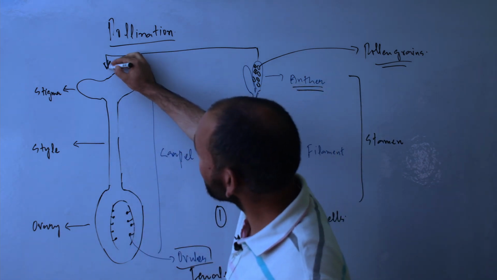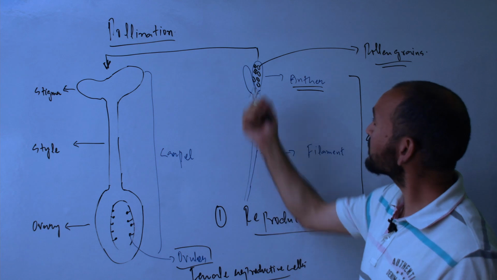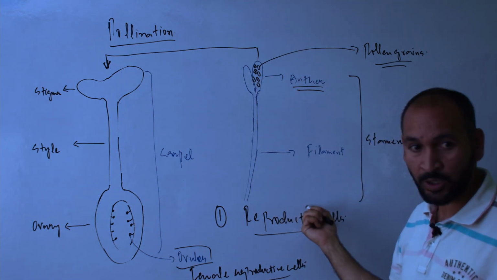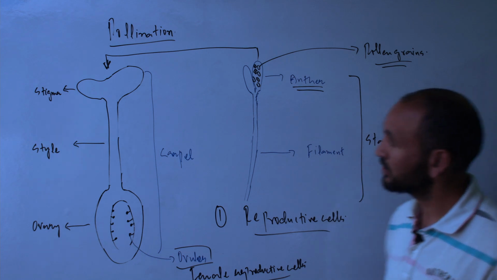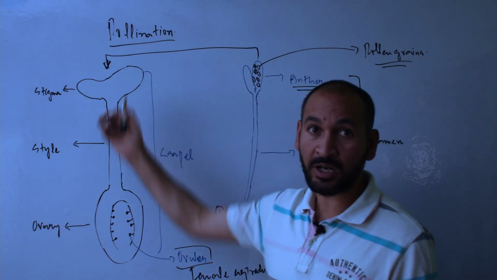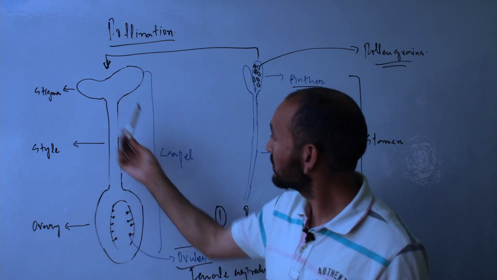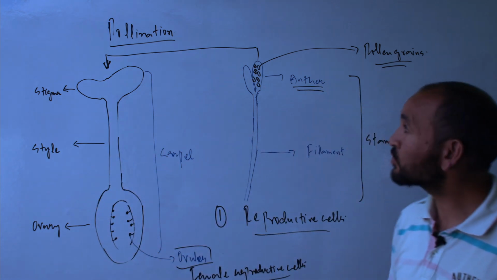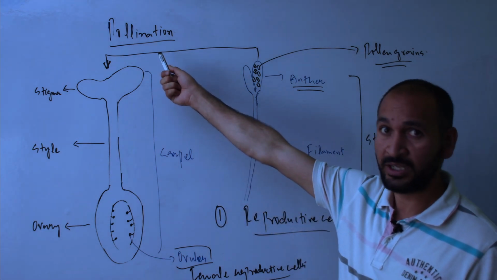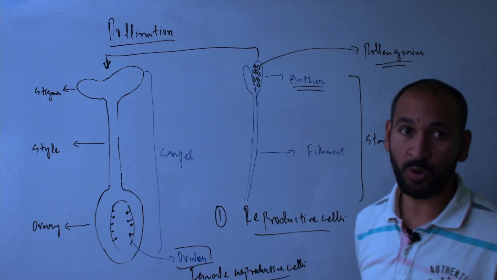When they land on it, this transfer of pollen grains from anther of male reproductive part, that is stamen, to the stigma of female reproductive part, that is carpel, this is what we understand by pollination. We call this process pollination.